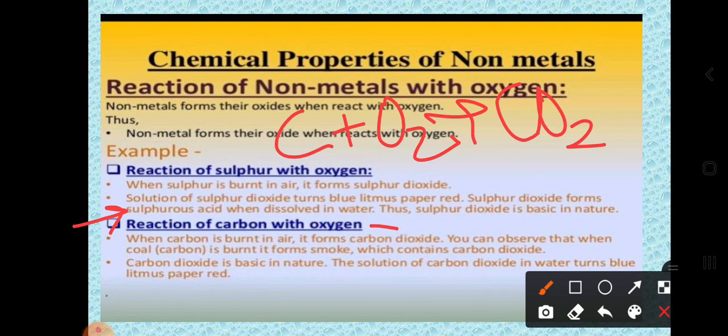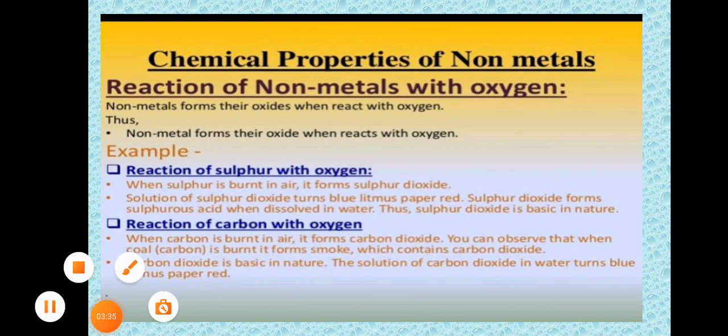You can observe that when coal, that is carbon itself, is burnt, it forms smoke which contains carbon dioxide. The solution of carbon dioxide in water turns blue litmus red.